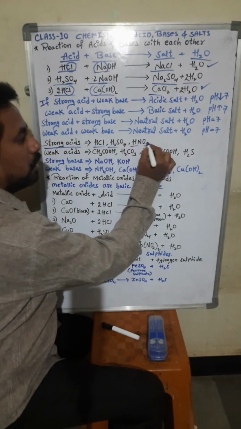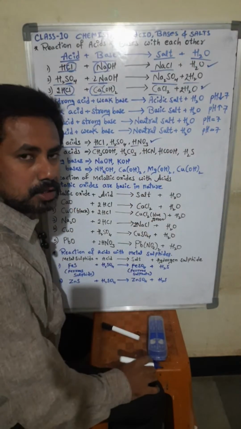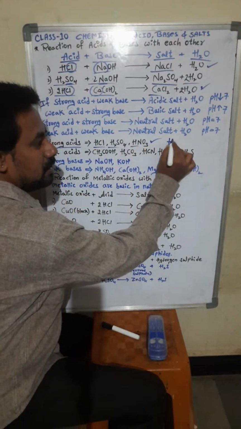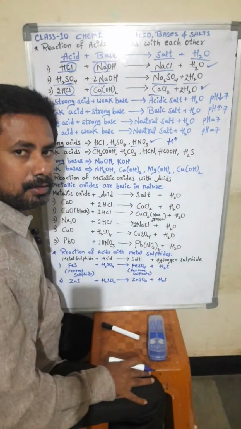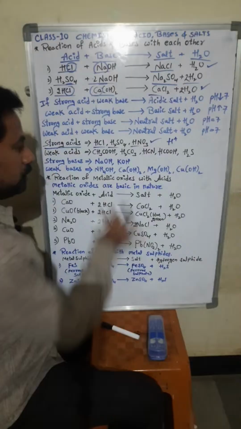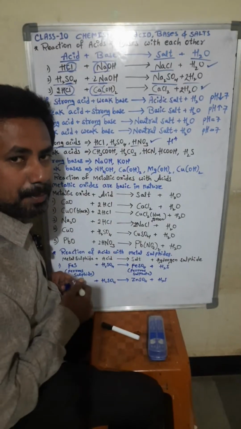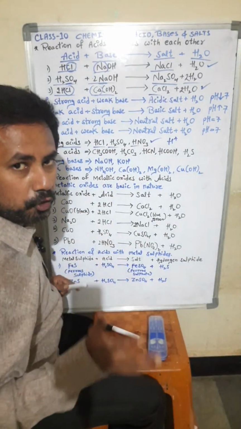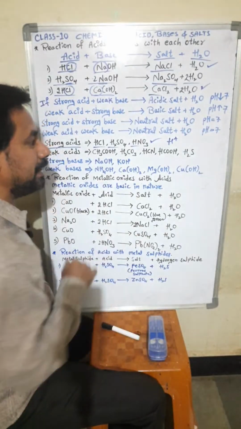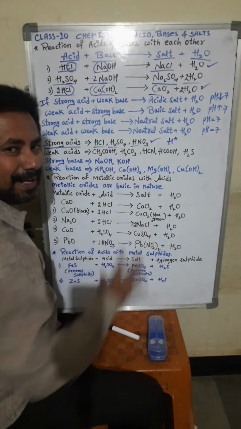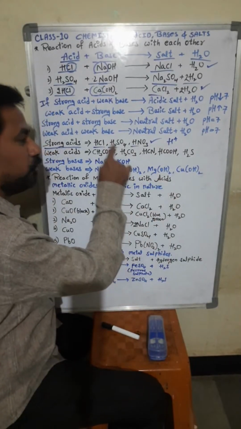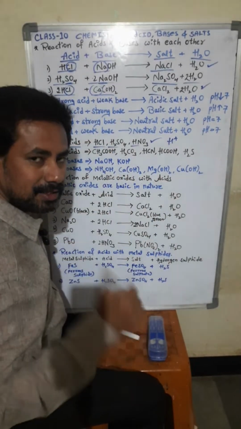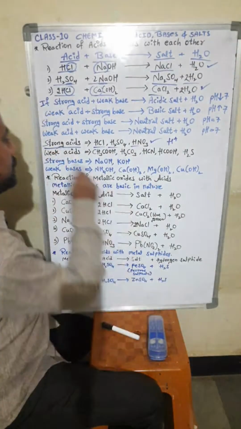These are all very strong acids, students. In these, hydrogen ions are more in number. So these are the strong acids. Fix in your mind: HCl, H2SO4, HNO3. HNO3, nitric acid, sulfuric acid, hydrochloric acid. These are very strong acids.